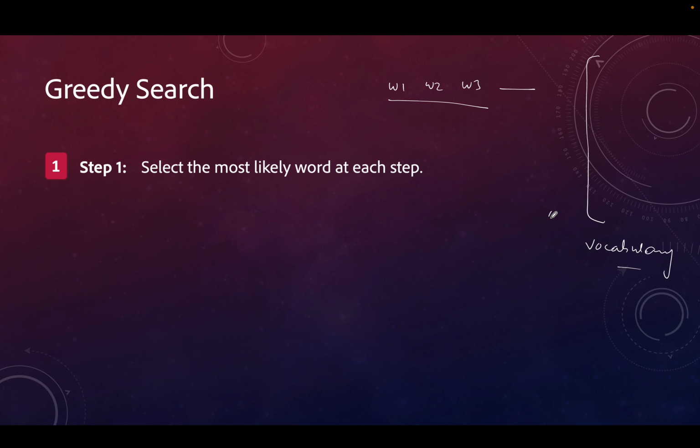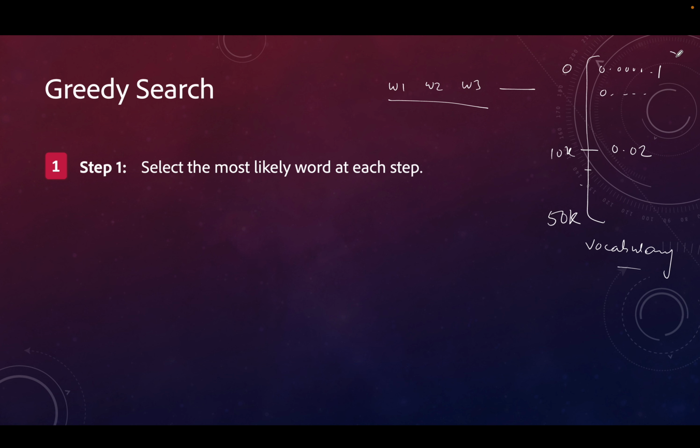Let's say it has 50,000 tokens starting from 0. Then the first token has a probability of, let's say, 0.00001. Second has some more probability, let's say the 10,000th word has a probability of 0.02 and so on.